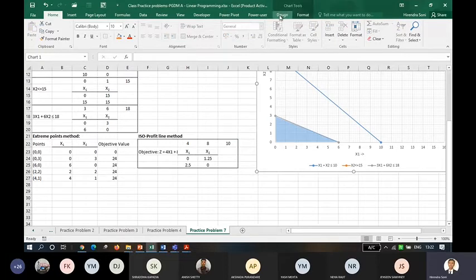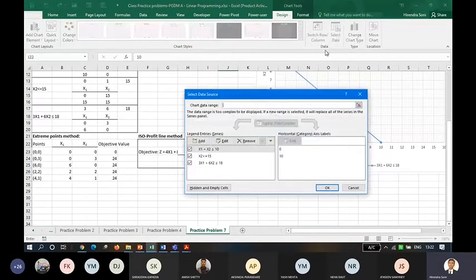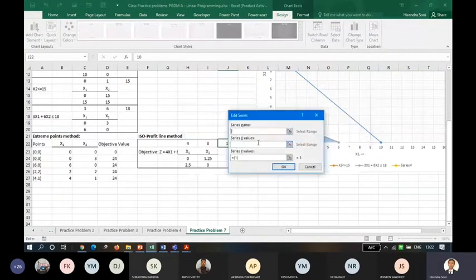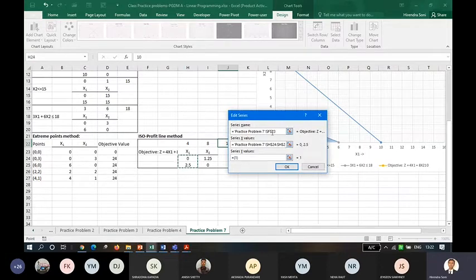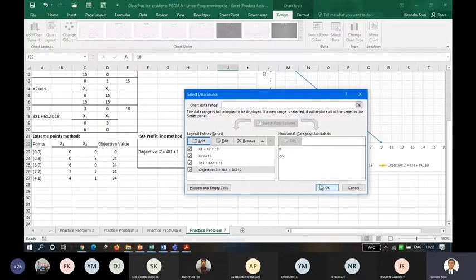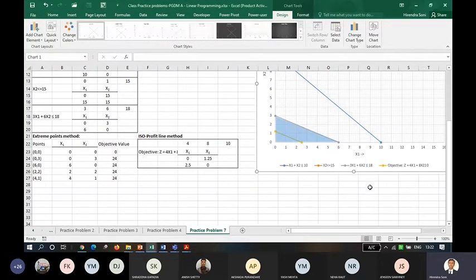So add, this is my series name, x values, y values, and I say okay. Do you see the yellow line?